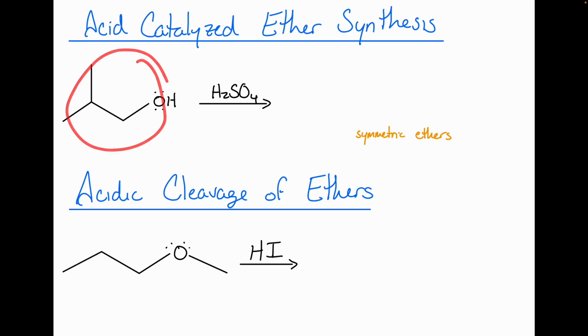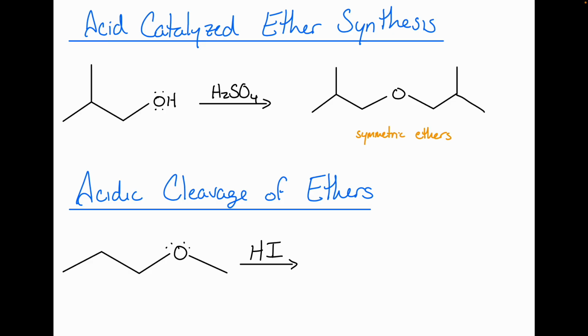So we end up joining these two fragments together to create a symmetric ether. We said we had two equivalents of alcohol reacting with one another to create our symmetric ether.